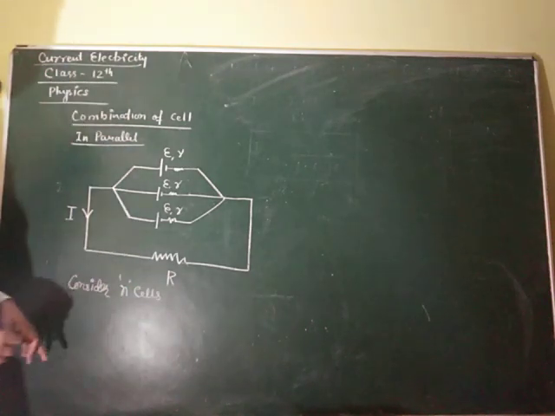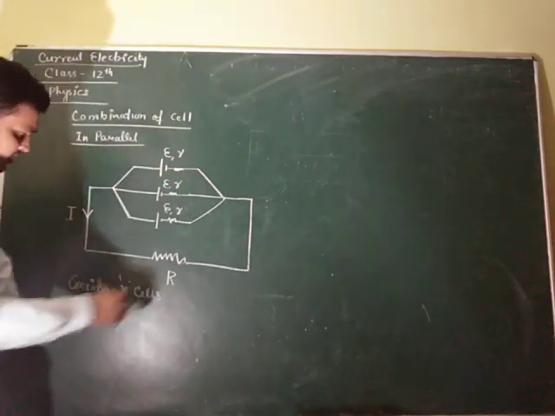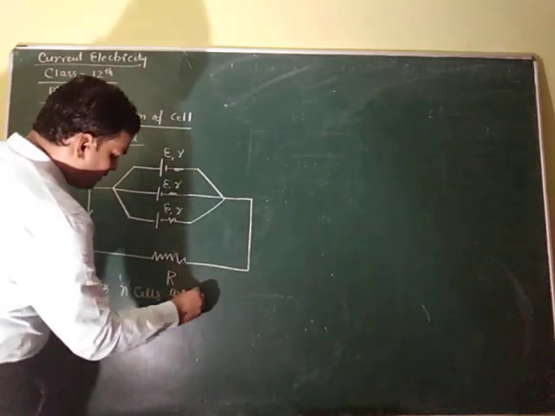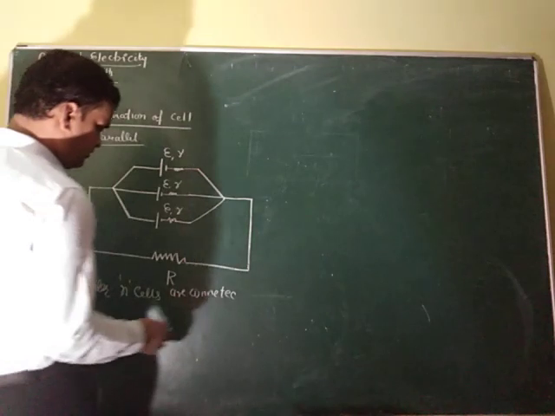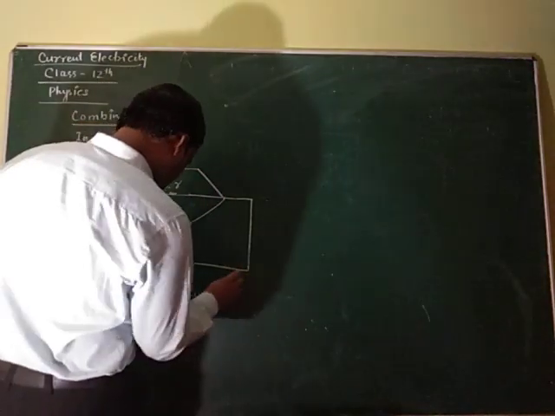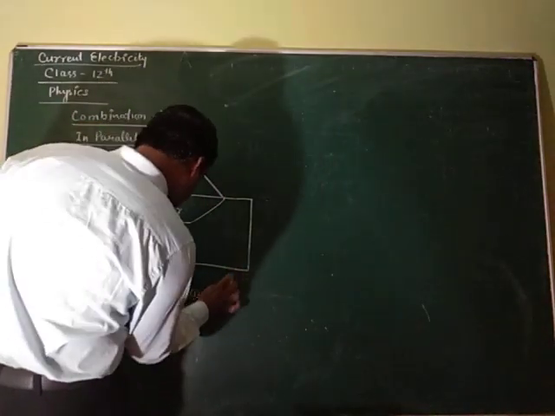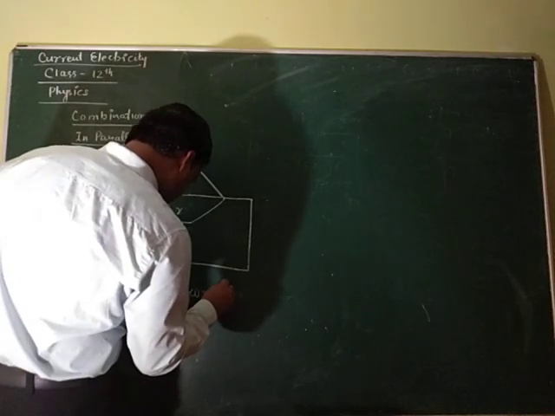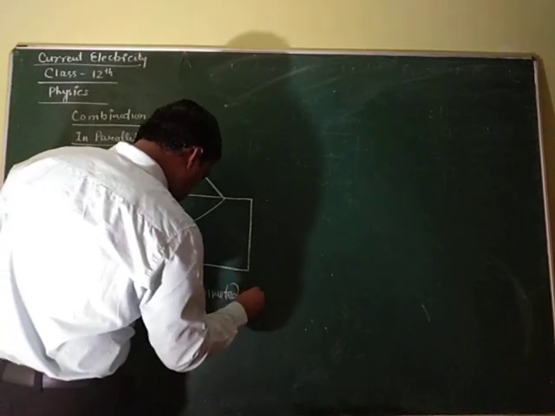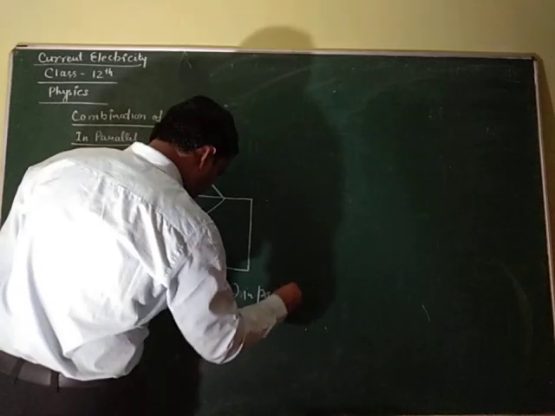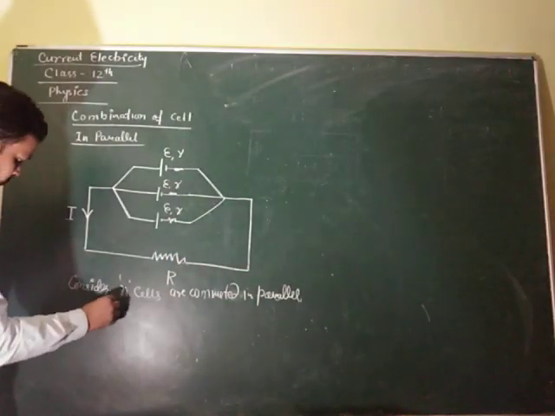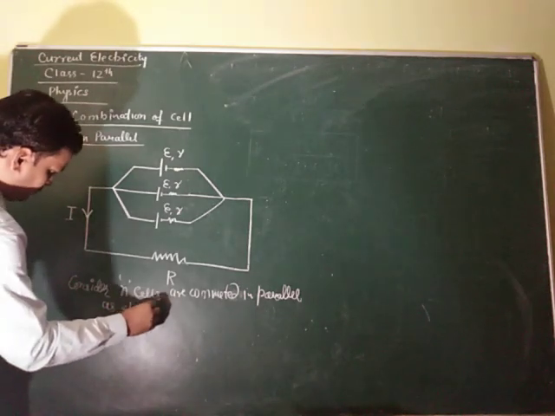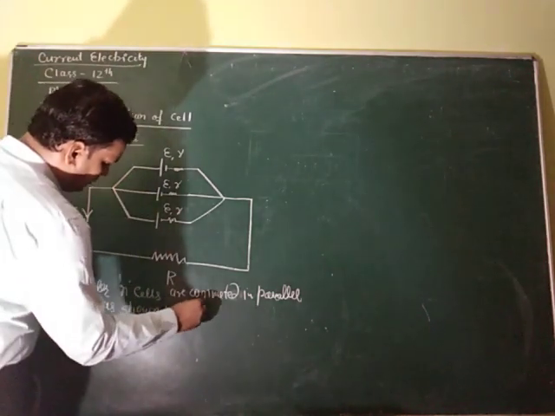Again n cells are connected in parallel as shown in the figure.